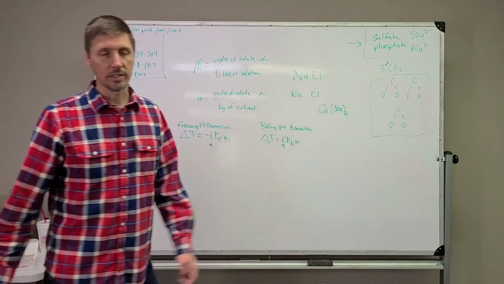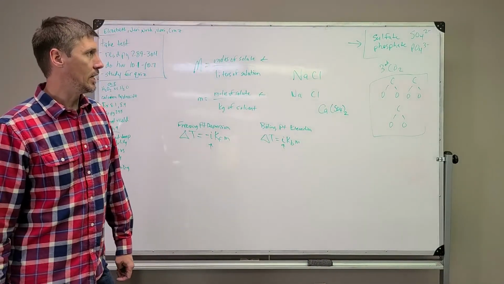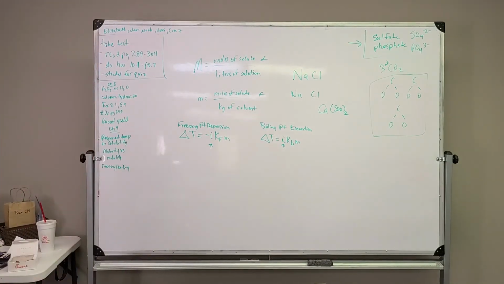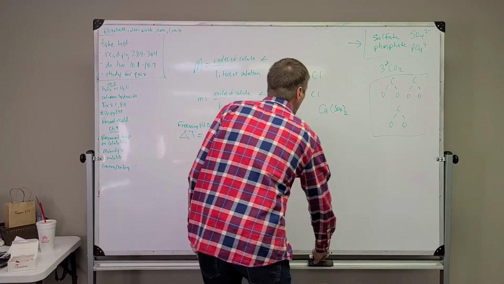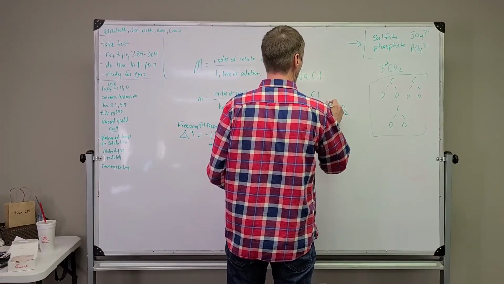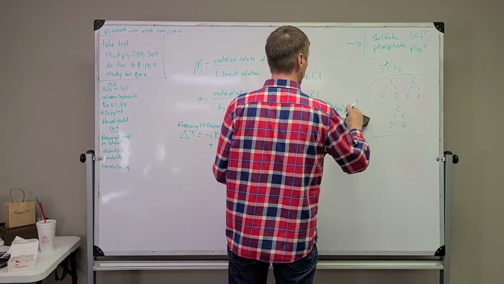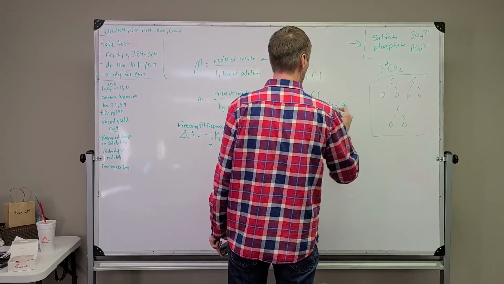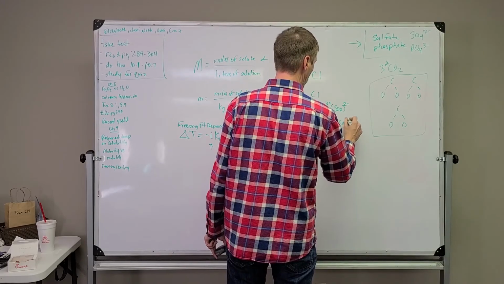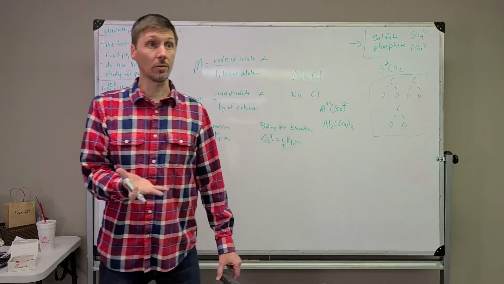That's not a correct equation, so let's do Al instead. Al is 3 plus, whereas SO4 is 2 minus. So that becomes Al2(SO4)3. Let's say we had that substance.